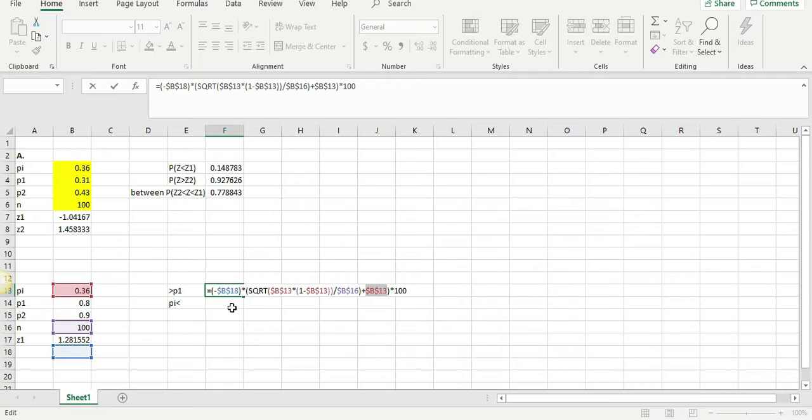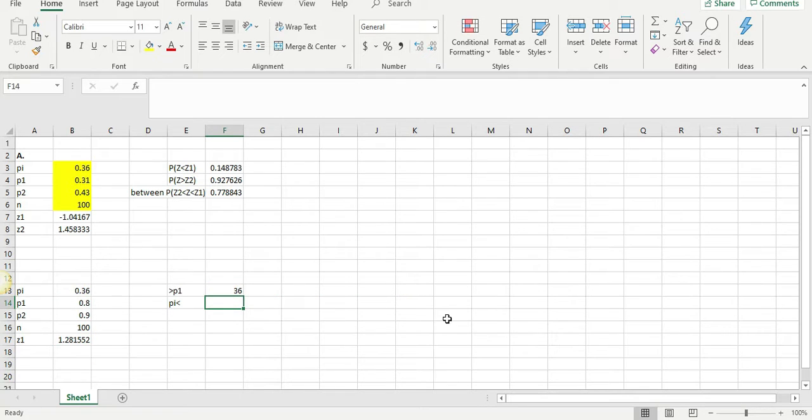Oh, where did I go wrong? Since we locked all of these, we can drag this down, change that negative to a positive. Oh no. Something went horribly wrong.